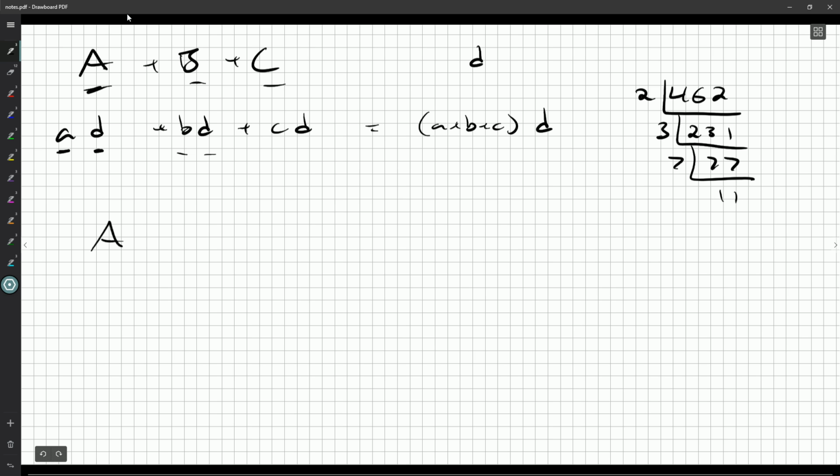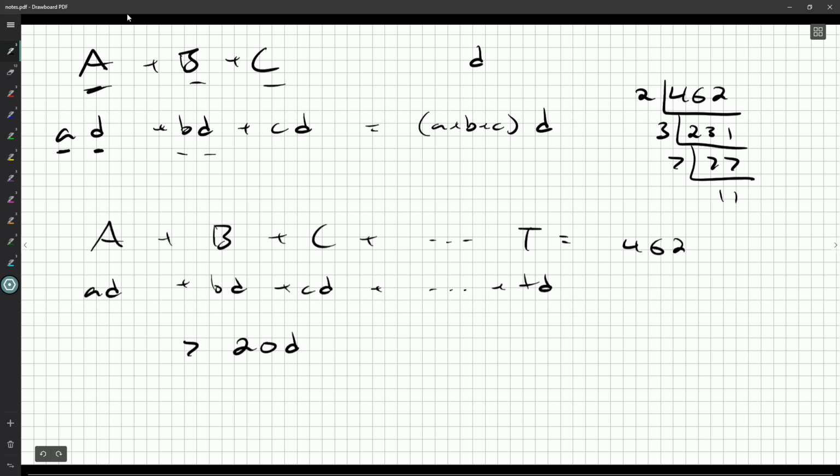So when we add up our numbers, there'll be 20 of them, and the 20th letter of the alphabet is T. We get 462, right? But if whatever number D we've got is a common divisor of all of these, then this is AD, this is BD. These numbers here have to be at least D. So you are at least adding up 20 copies of D.